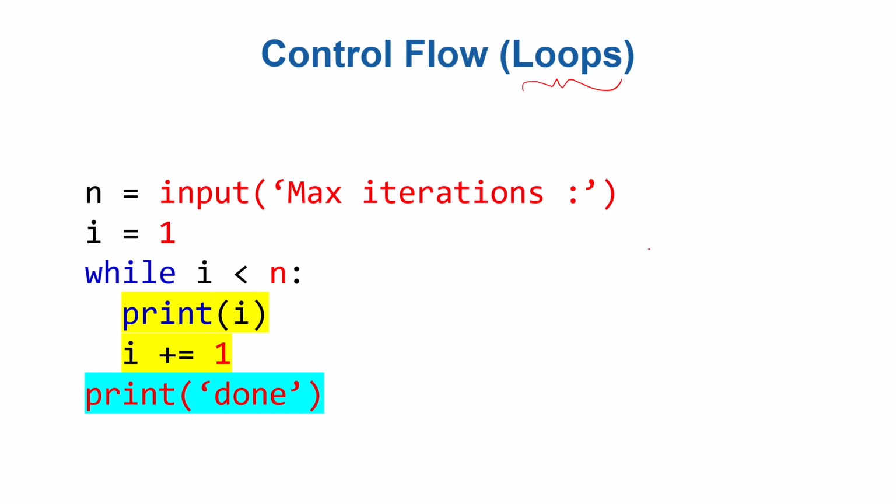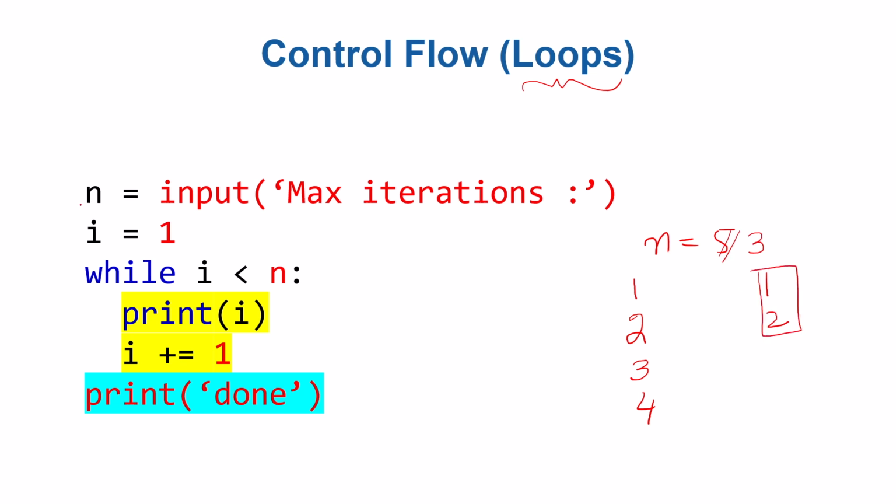For example, if the user enters 5, your goal is to print 1, then 2, then 3, then 4, and then stop. Or if the user enters 3, then you print 1, you print 2, and then you stop.